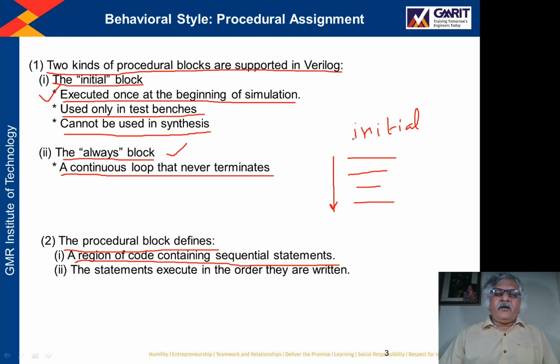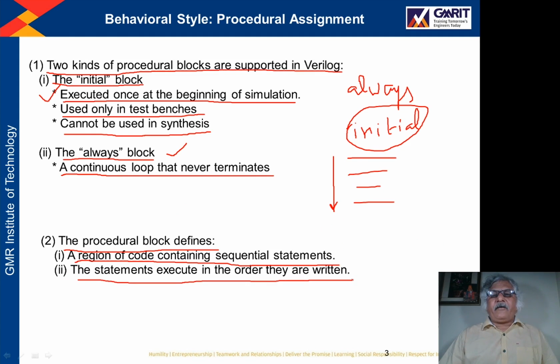So whether it is an initial block or an always block, in both cases the statements inside these procedural blocks are sequential in nature, and they are executed in the same order in which they are written.